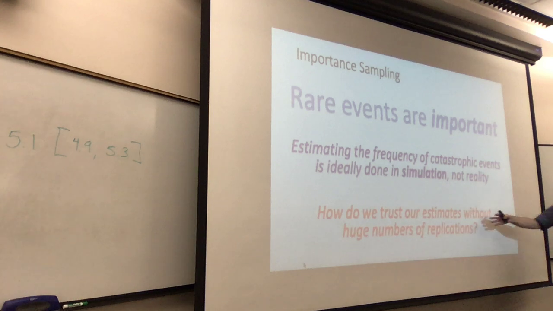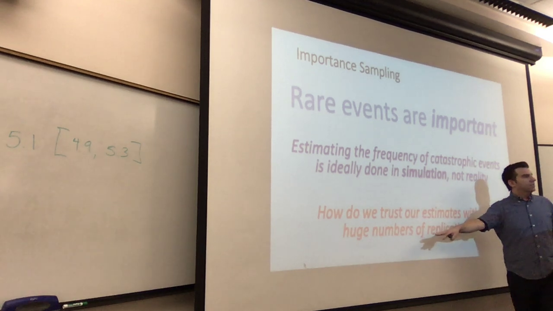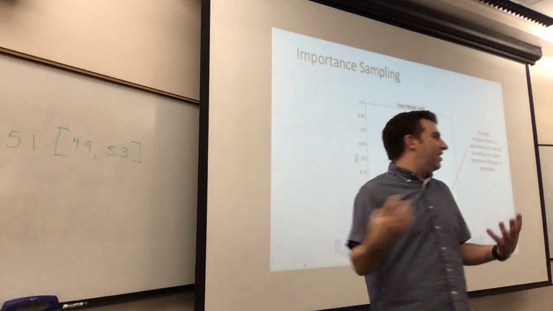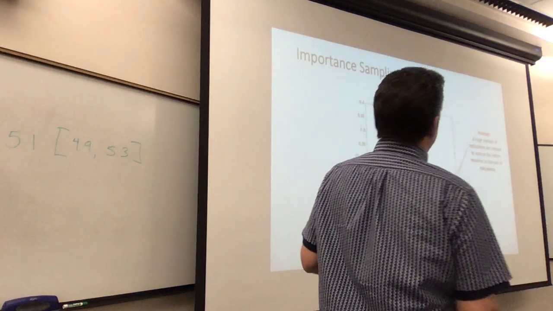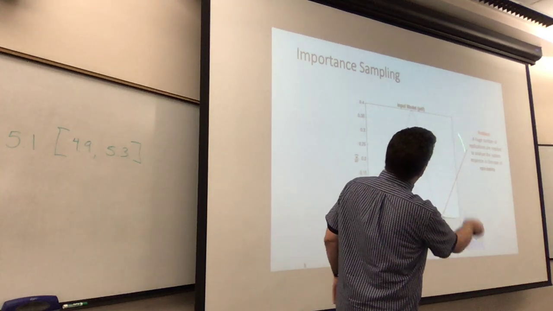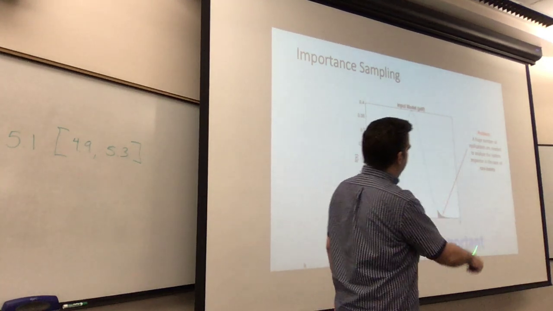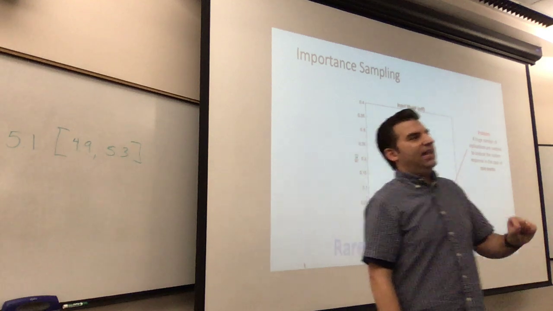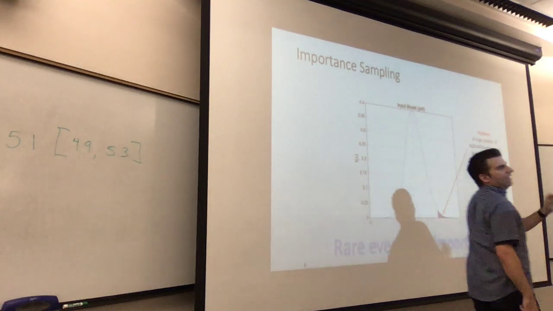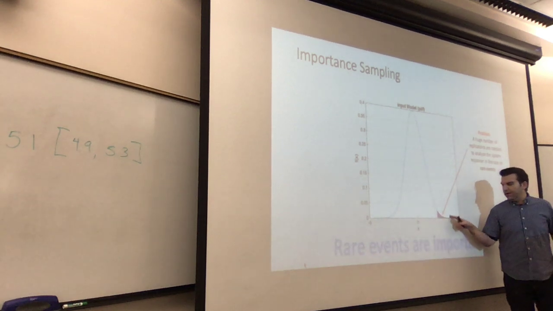So how do we trust our estimates without having huge numbers of replications? That's where this kind of mysterious thing of importance sampling comes into play. The idea here is, if I have an input like this one, I might happen to know that the only time I get these catastrophic events out of my simulation is when the inputs are in these really weird cases.